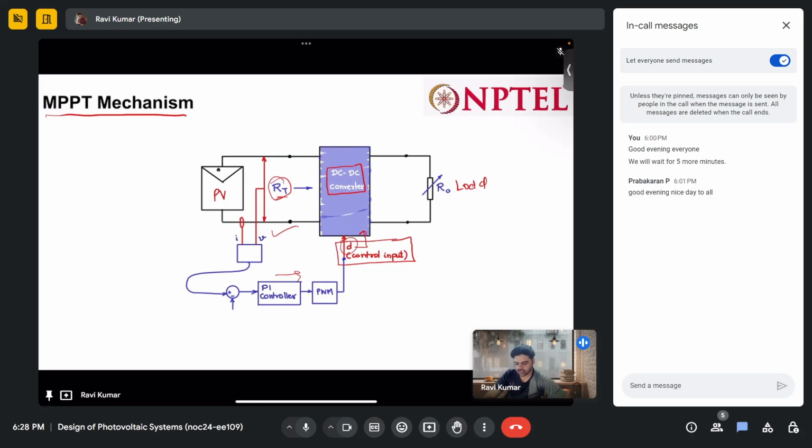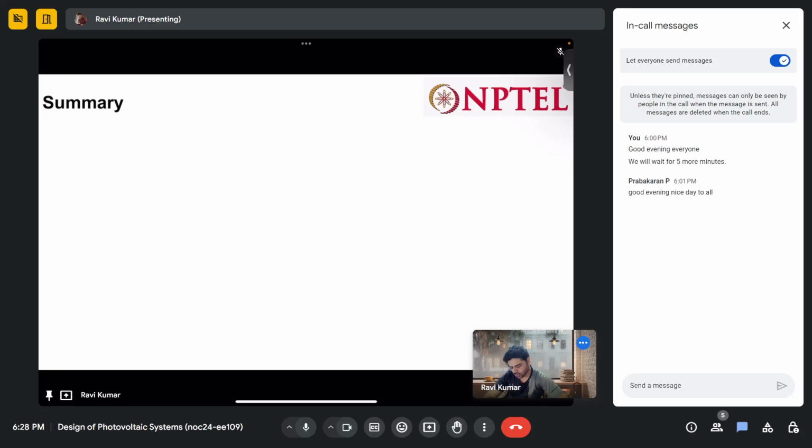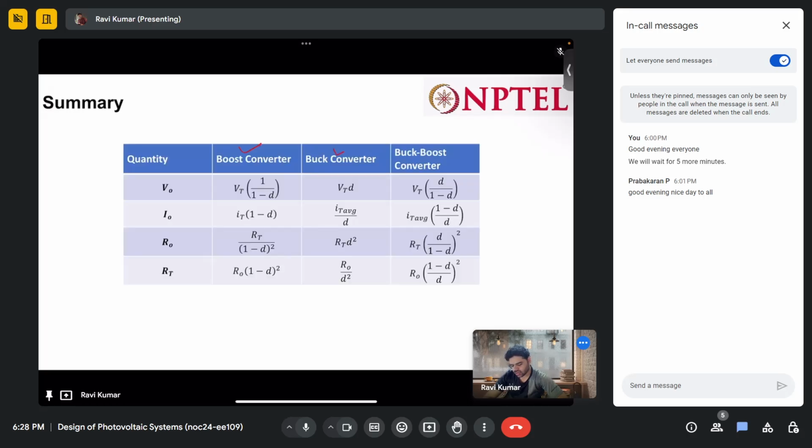So this lecture is all about 3 types of MPPT tracker, and I summarize here. We have the boost converter, buck converter, and buck boost converter. This is V naught, the voltage across the output or load.